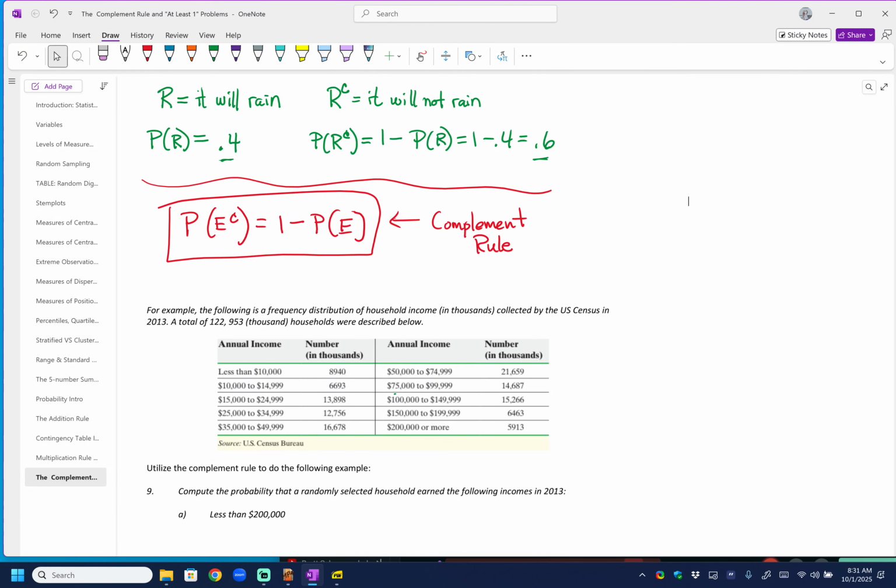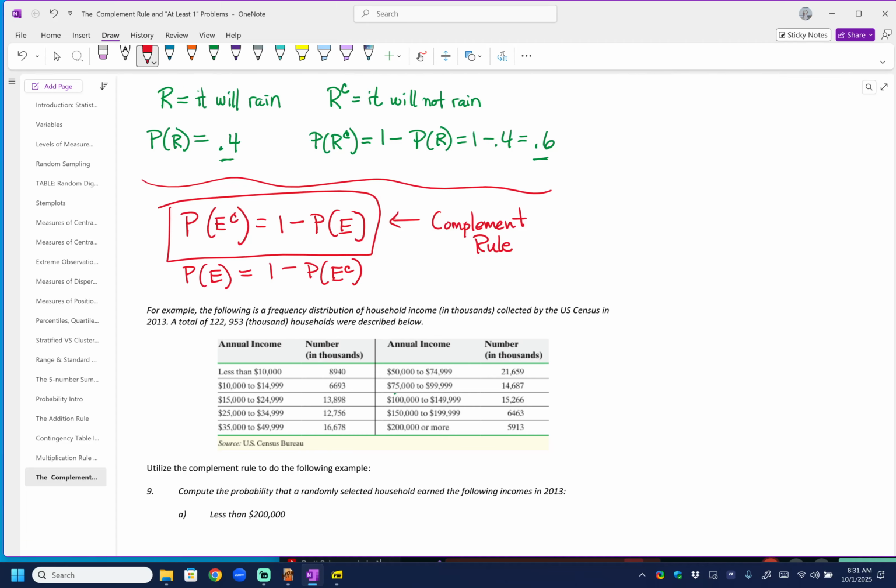Okay, just a small footnote when it comes to this formula. Hypothetically, we can write it in two different ways, because technically we can say that the probability of an event is also equal to 1 minus the probability of its complement.